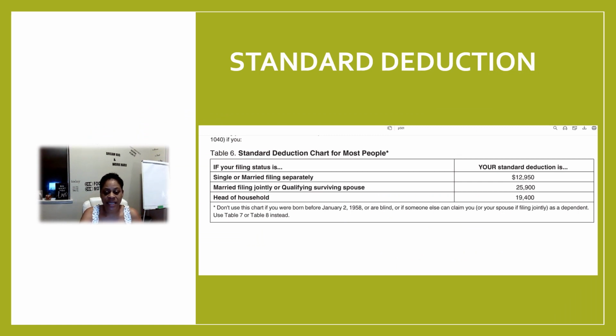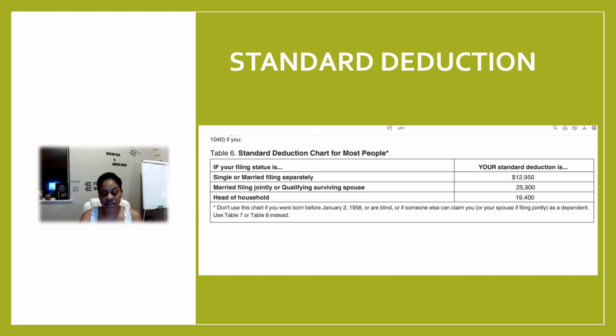All right, so the standard deduction. The standard deduction, this is where you want to start. So it depends on your filing status. If you're single or married filing separately, your standard deduction is $12,950. If you're married filing jointly or a qualified surviving spouse, your standard deduction is $25,900.